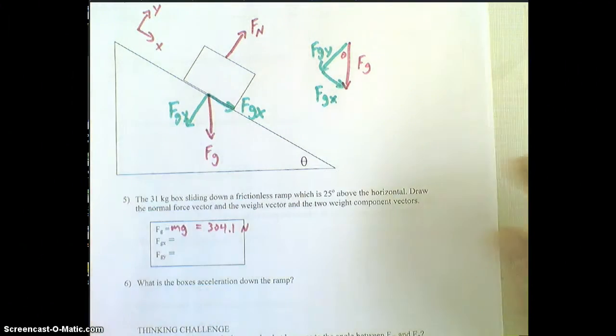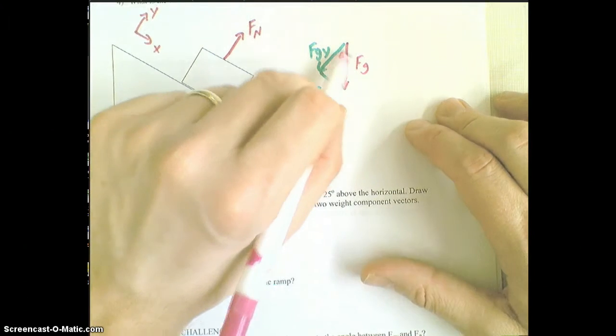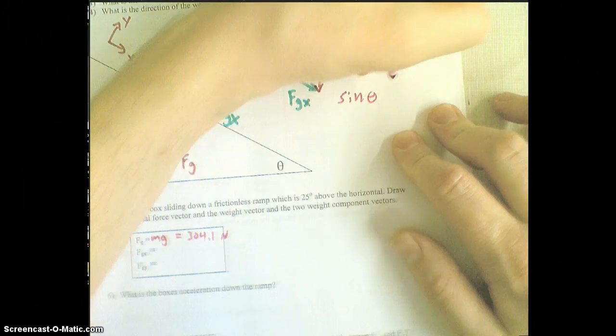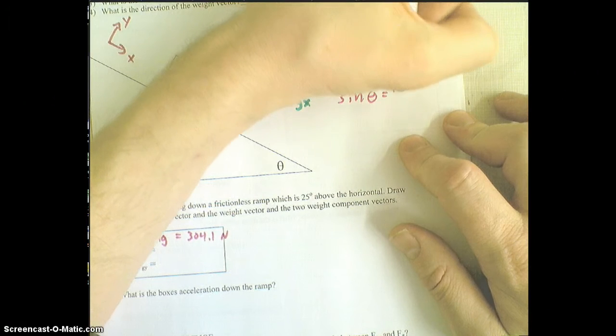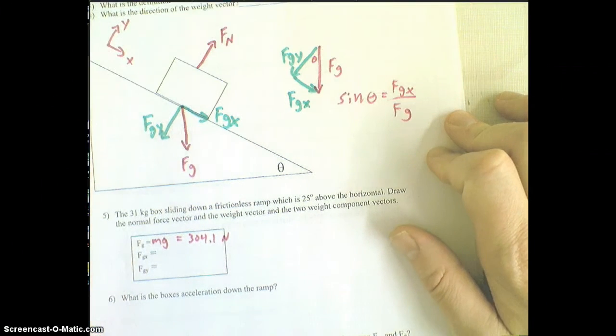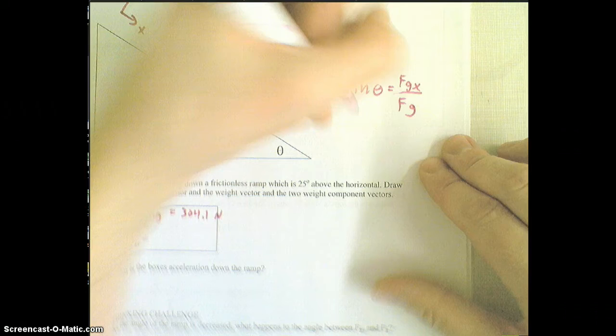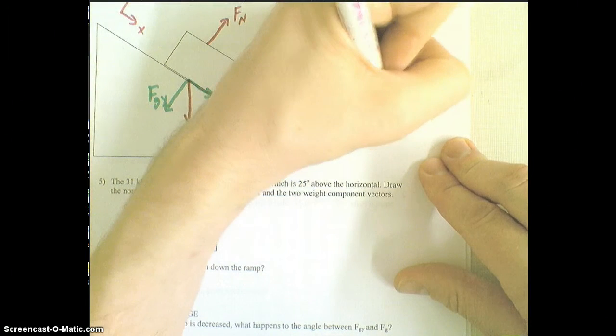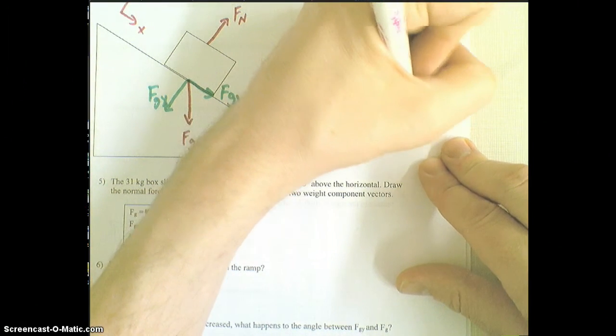So Fgx is the side opposite the angle. So sine of theta is equal to opposite over hypotenuse, Fgx over Fg. If I solve this equation for Fgx, Fgx is equal to Fg sine of theta.